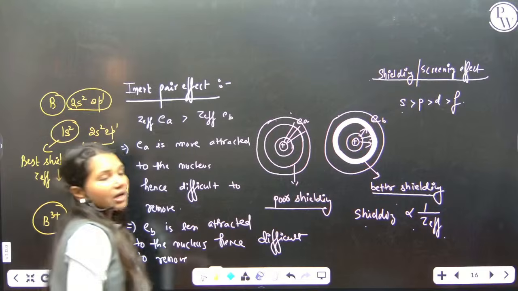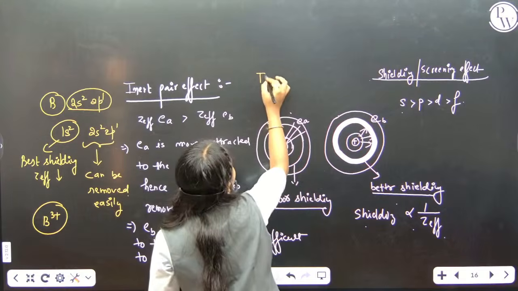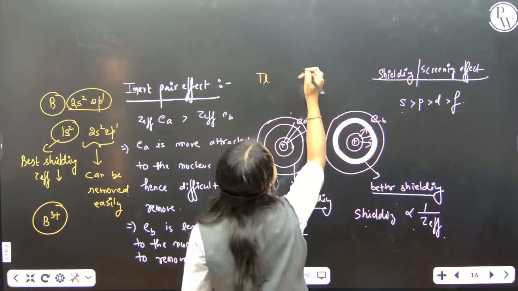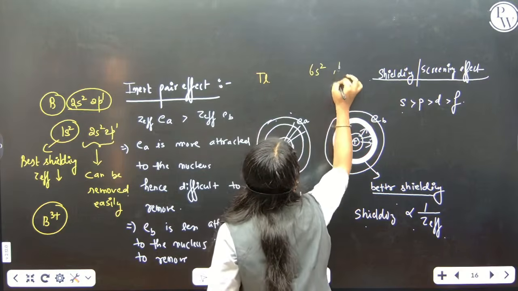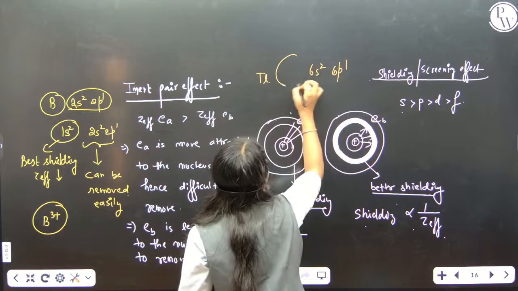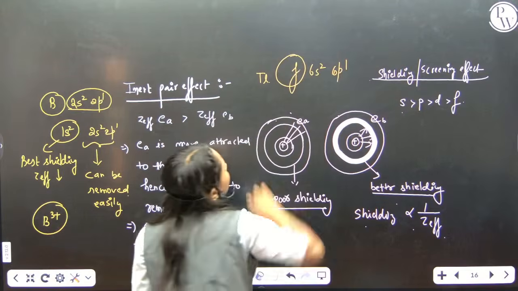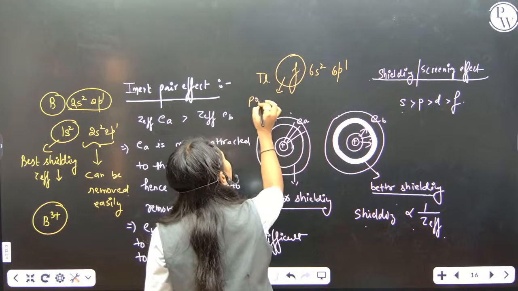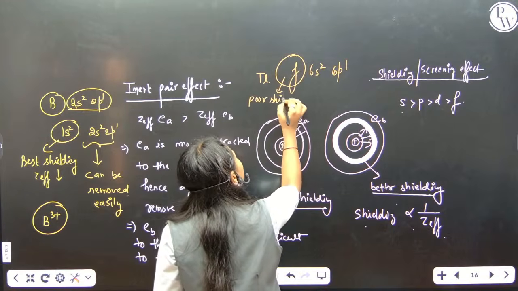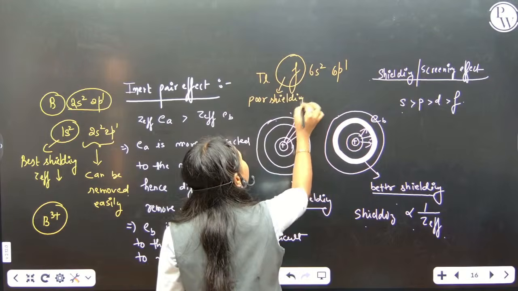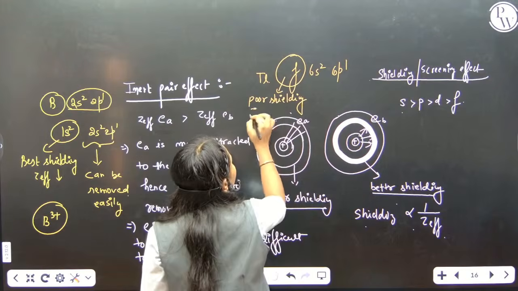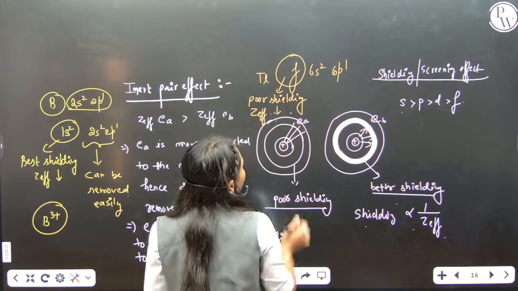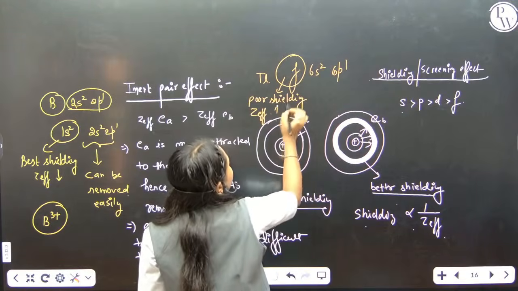But if we come to thallium, boron, aluminium, gallium, indium and thallium, right? 6s2, 6p1. Before this, there will be the F orbital, right? F has poor shielding. If shielding is poor, Z effective will be more.